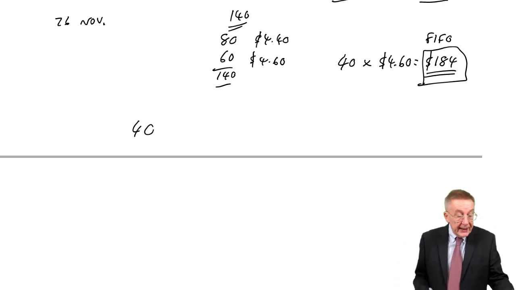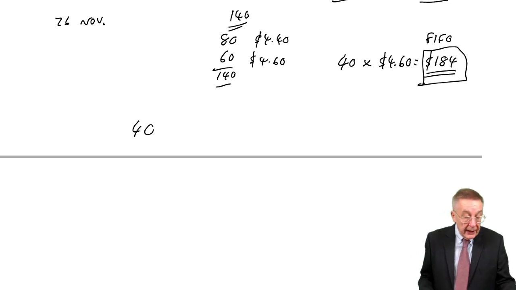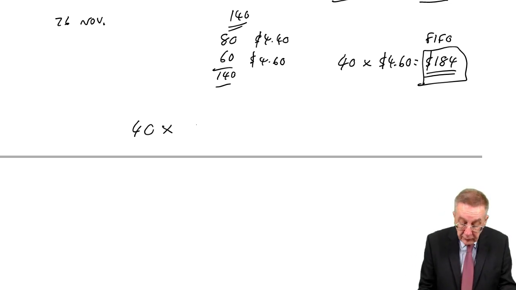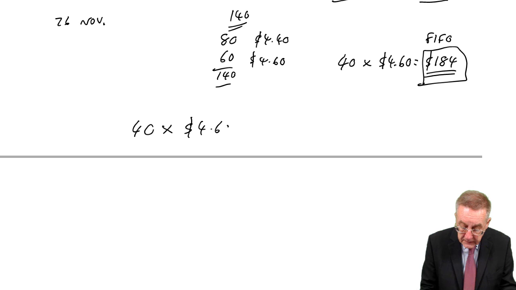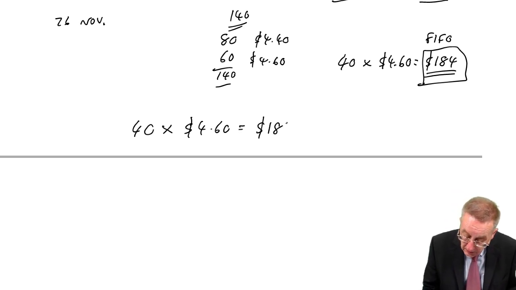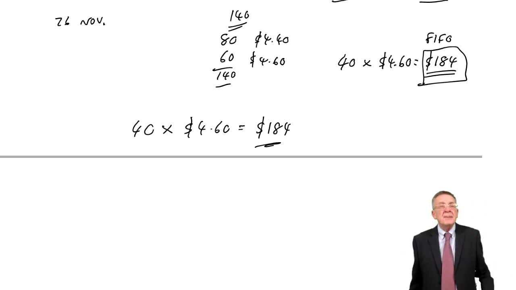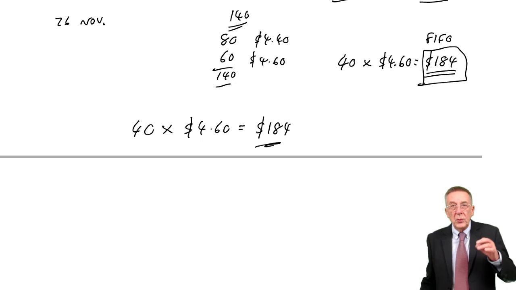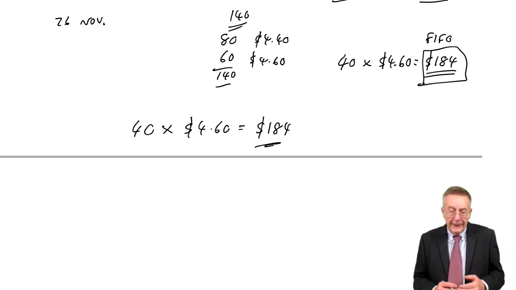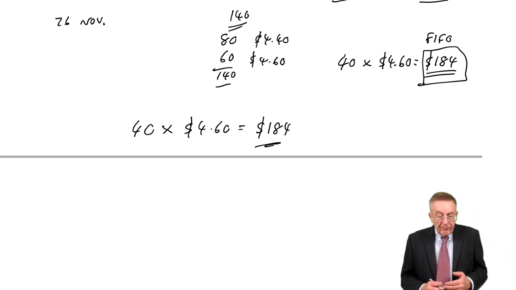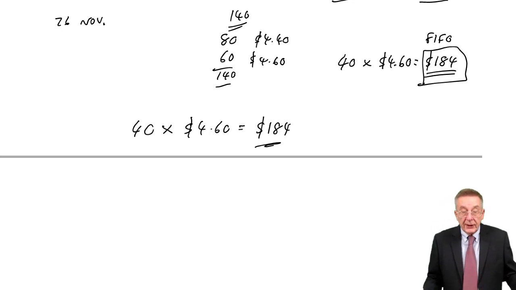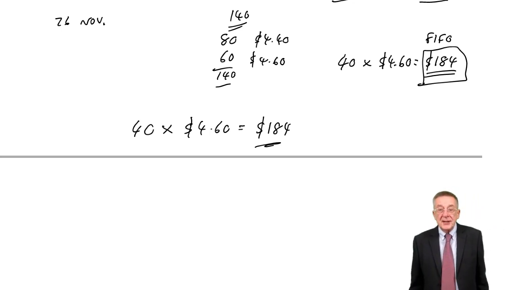And the most recent receipt, the last one before the end of the month, we bought 100 at $4.60. And therefore, we could in fact have written it straight down. You don't need to go through step by step, because with FIFO, it's always the most recent purchases. Here there were 40, the most recent purchase was 100, and so those 40 were all $4.60.